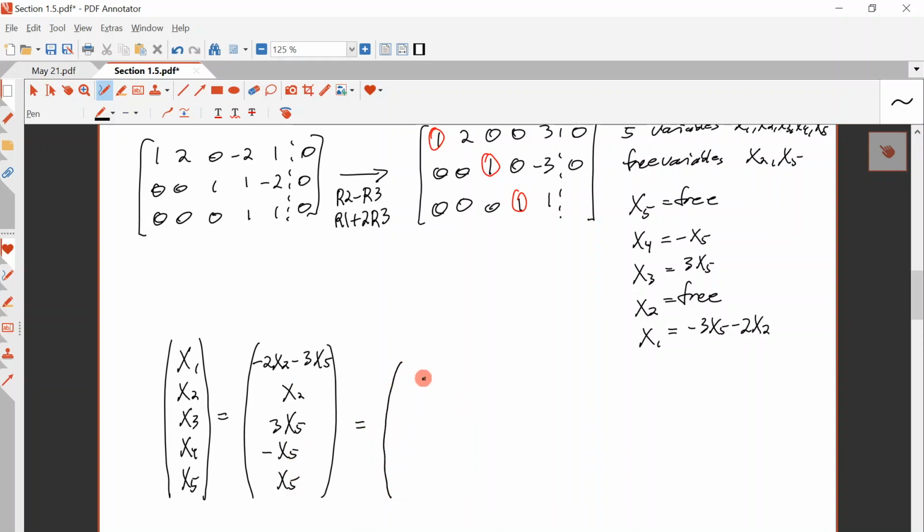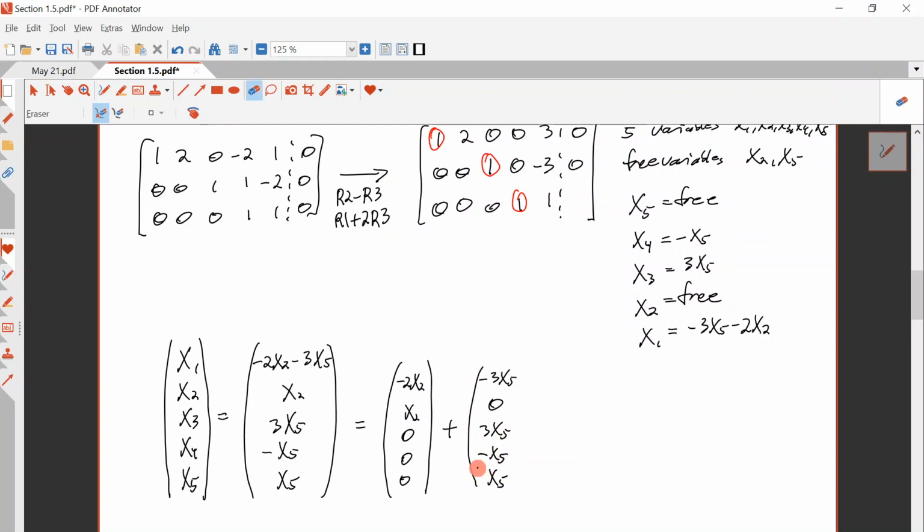So now separate those two variables into two vectors. I've got minus 2x2 plus, x2, and then no x2 here, 0, 0, 0. Plus the x5 stuff: minus 3x5, 0, 3x5, minus x5, x5. Everything here is described in terms of x2 and x5.